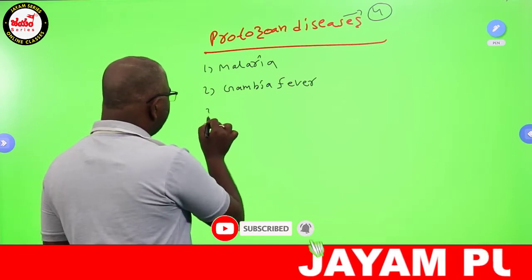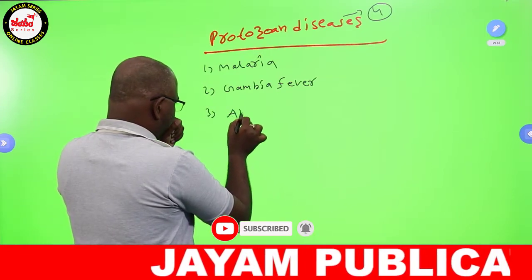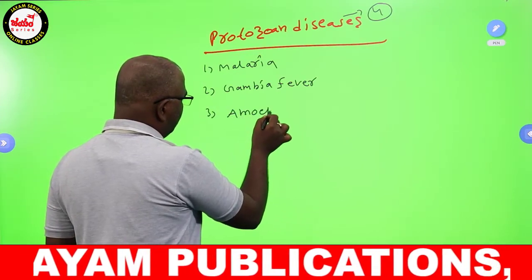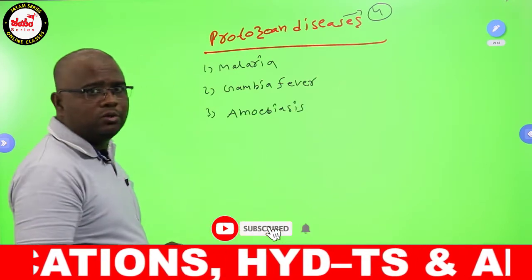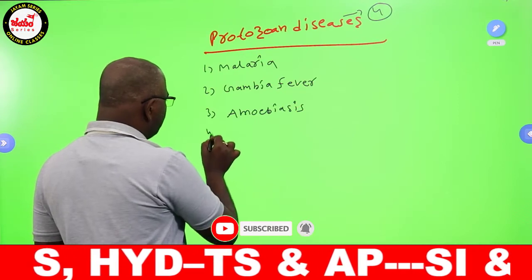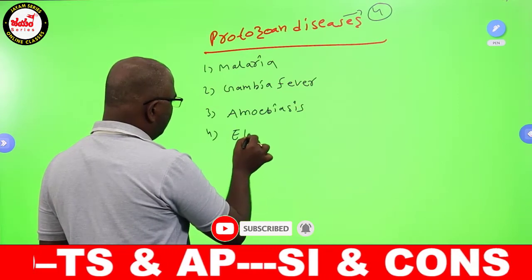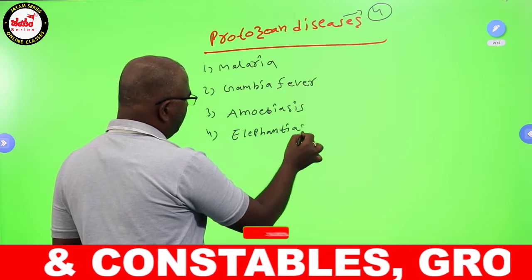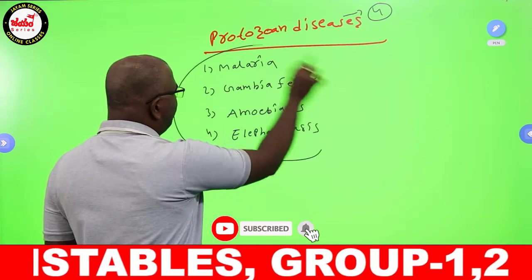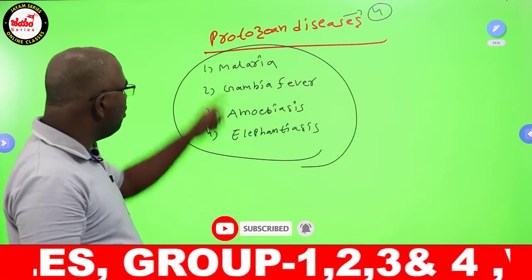The third disease is Amoebiasis. The fourth disease is Elephantiasis.